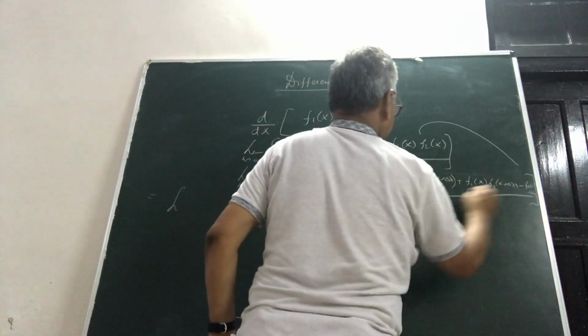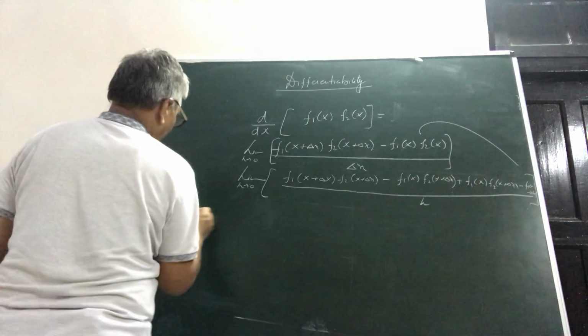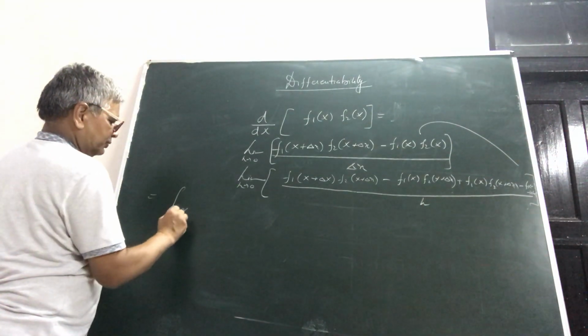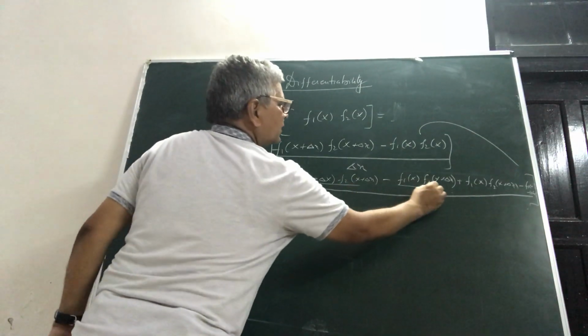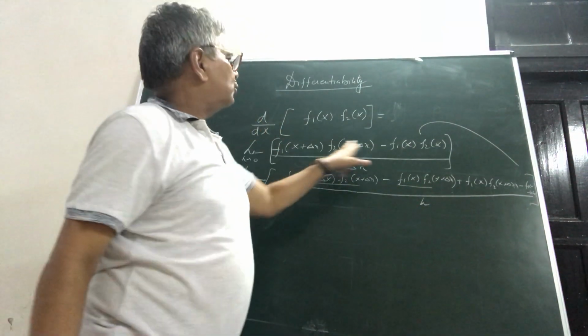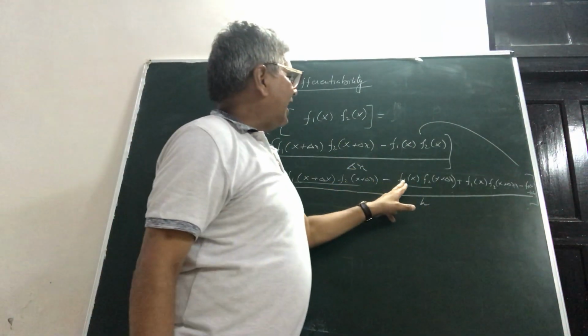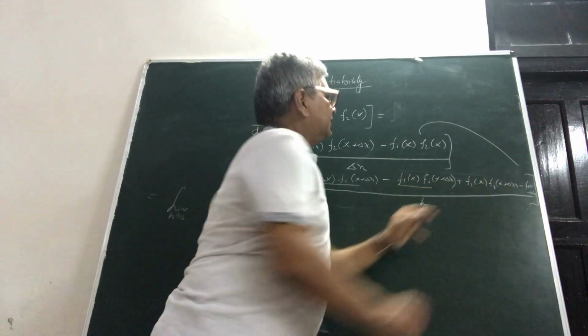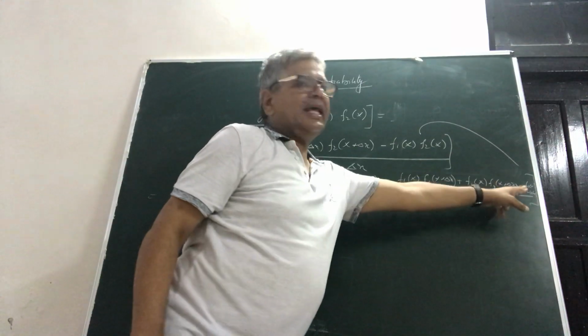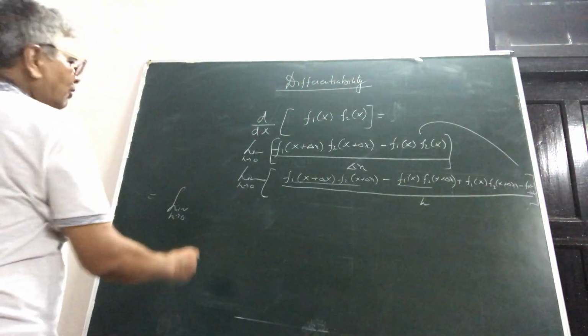Here, from these two terms, what I have done is I have added f1(x) f2(x plus delta x) and subtracted it, and these two terms will cancel. And there I have copied it as such. So now see, what is that?